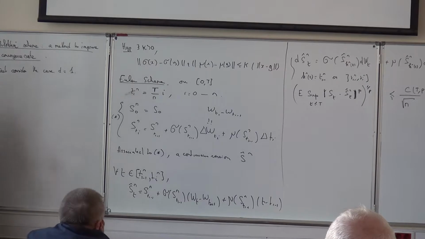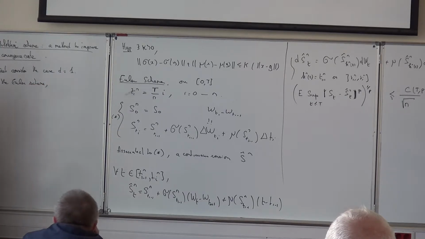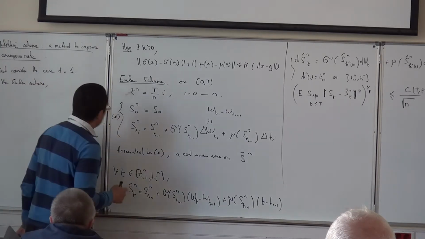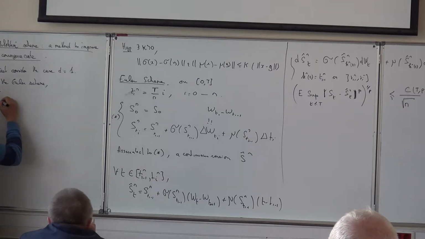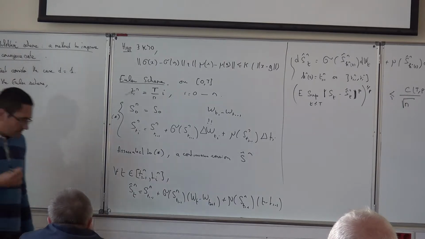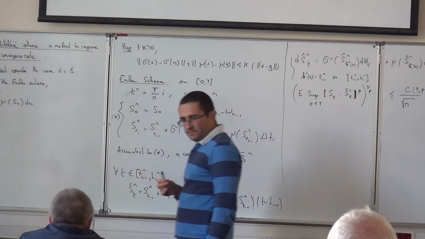And then in the Euler scheme, we have approximated the integral from t_{i-1} to t_i of mu(S_u) du. Okay, this is the integral comparing the stochastic representation of the solution to the SDE.